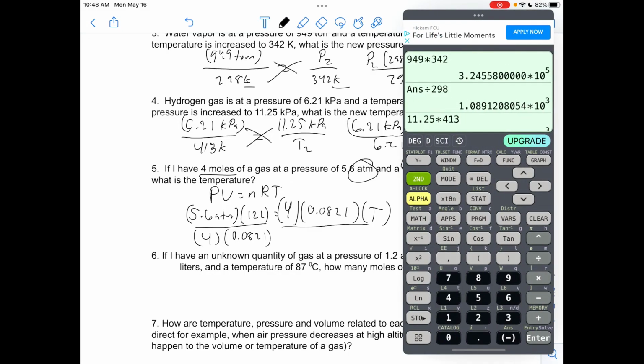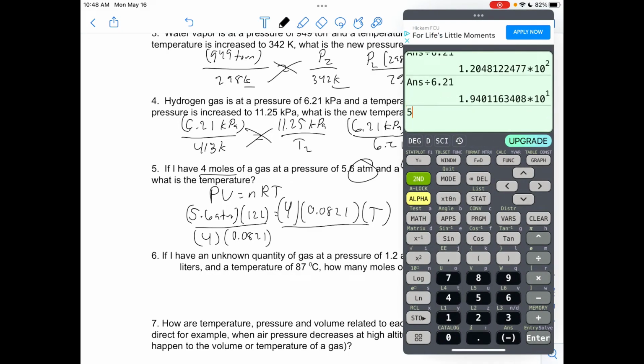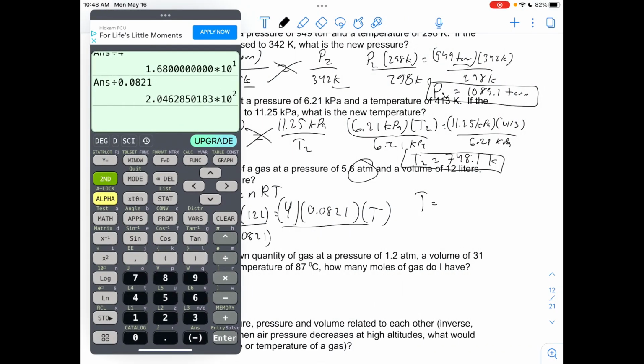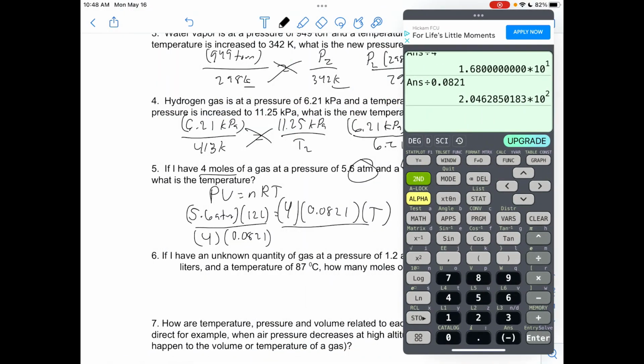So temperature is going to be 5.6 times 12 divided by 4, and then be careful, you have to divide again, or put everything in parentheses, otherwise your calculator is going to get mixed up. So the temperature is 204.6, and this is in Kelvin.